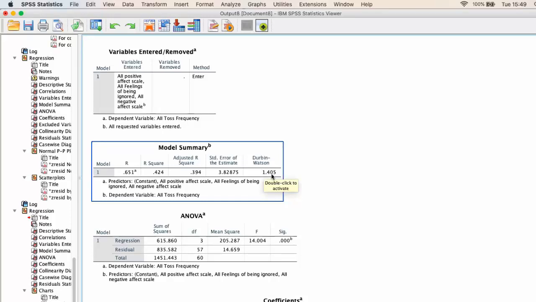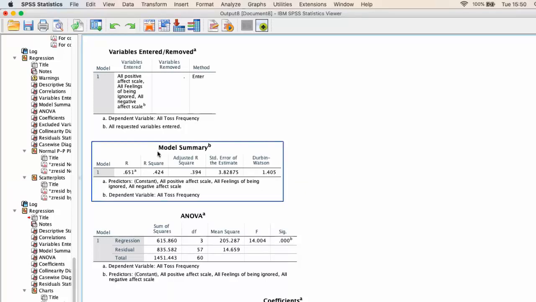So the closer to 2, the better for your Durbin-Watson. In this case, it wasn't quite so good. It was right below that 1.5. So you could say the assumption of independence was not assumed as the Durbin-Watson statistic was below the cutoff range of 1.5 to 2.5, or too far away from 2.